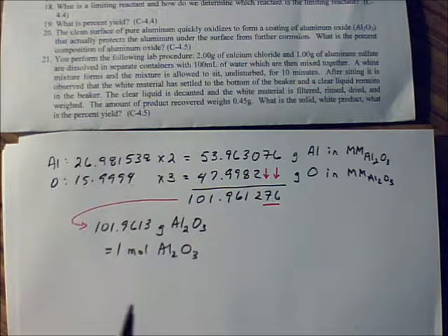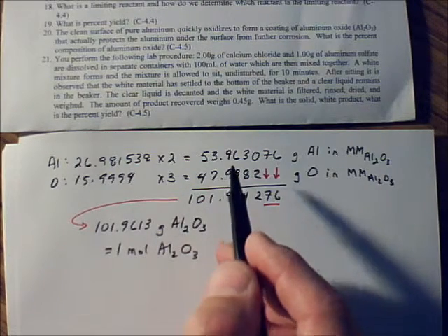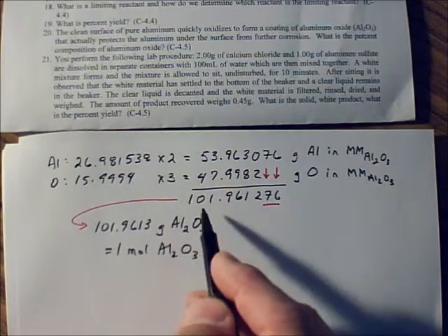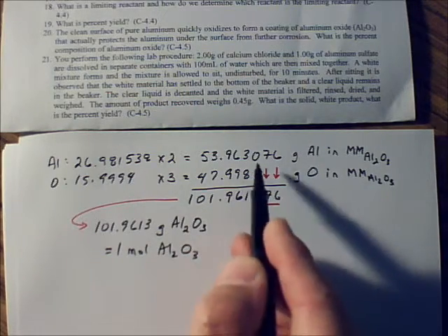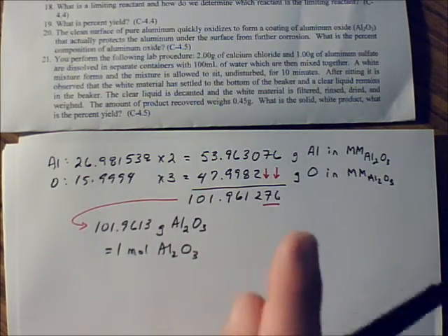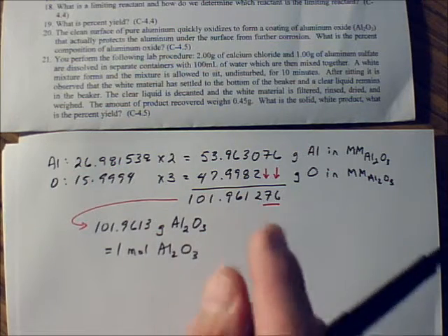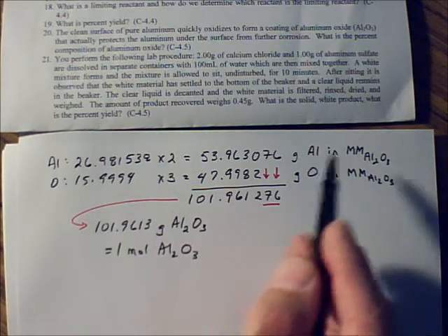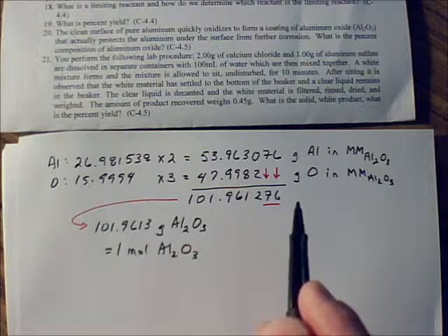If I give you a grade of 97%, what does that mean? You got a 97 out of 100. That's what a percent is. It's out of 100. So it's some part of a whole. The whole is this right here, and these are the two parts. So we have to do two different percentages to find the percent composition of aluminum oxide.